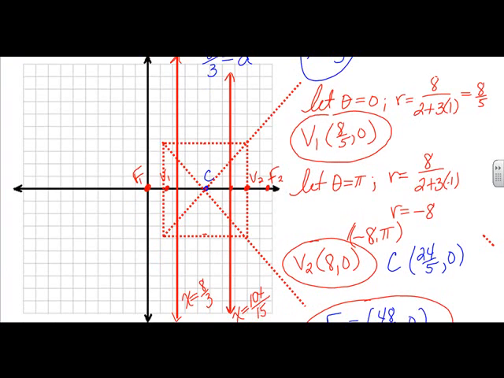Alright, and so our hyperbola has to contain the vertex points and curve around the focus points. So we have a hyperbola that has branches that curve around left and right, looking something like that.